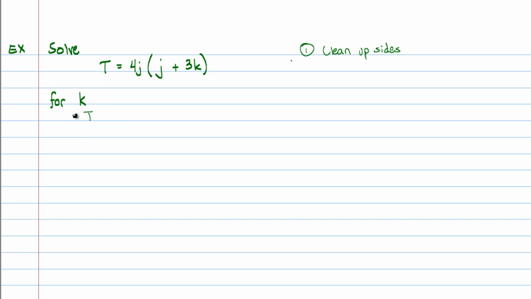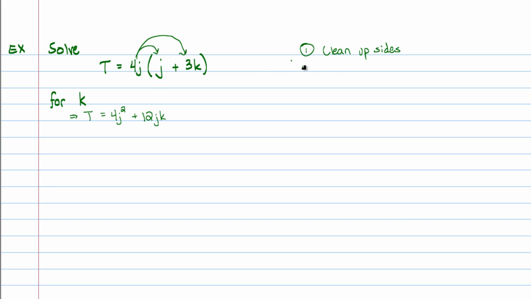So this implies that t is equal to 4j squared, right? j times j is j squared, plus 12jk, because that's just me distributing across the parentheses.